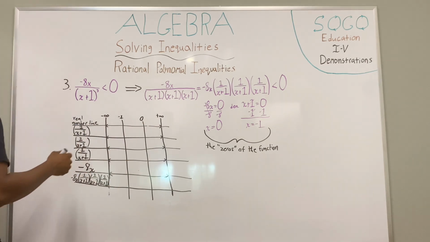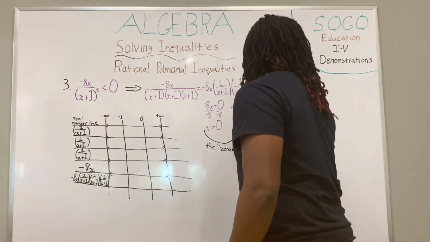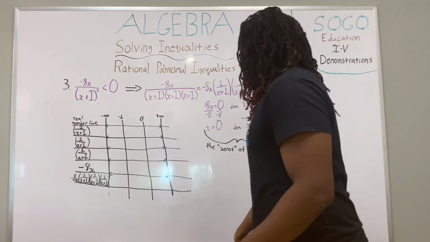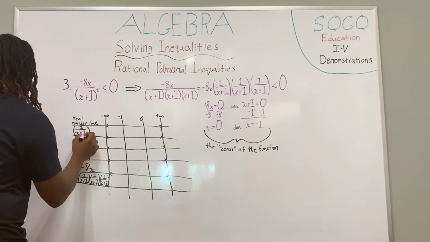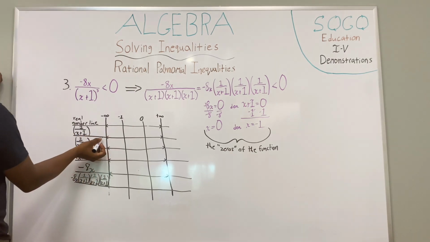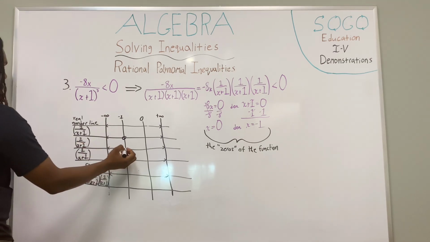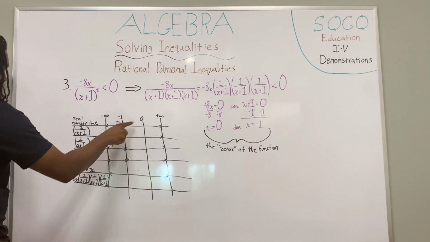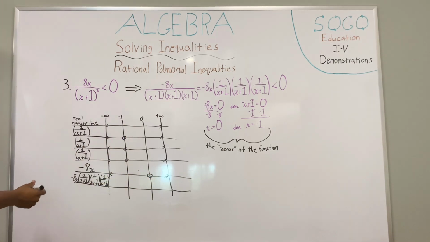All right, now we're ready. I corrected my mistake. Now I'm gonna put my dot under -1 for the factor 1 over x plus 1. Cool. And then the rest of the factors are the same, so it's gonna be the same dot under the -1. And then for -8x, we're gonna put that open dot under the 0.